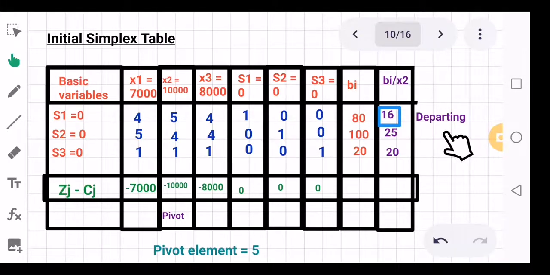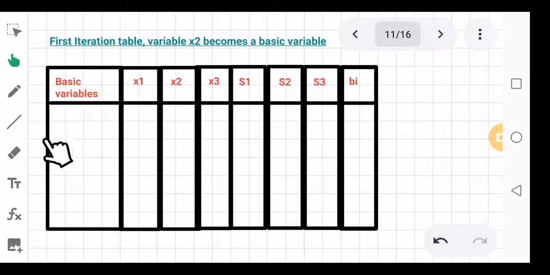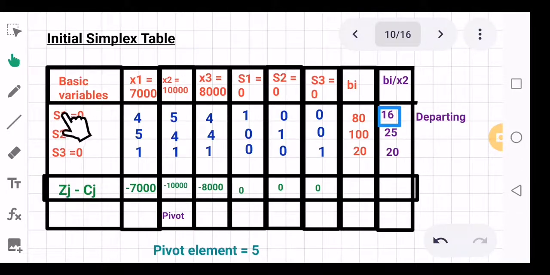That is exactly what is going to happen here. Since this is the departing row, S1 is the variable that will be departing. So we will not write S1 in the new table.